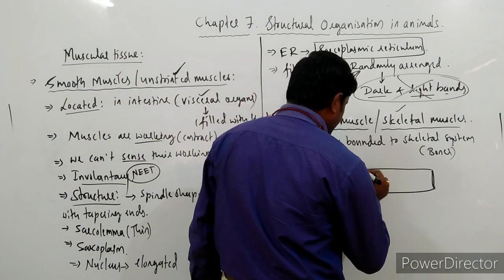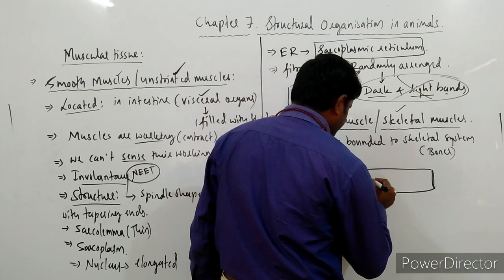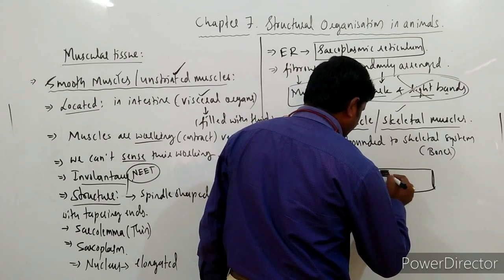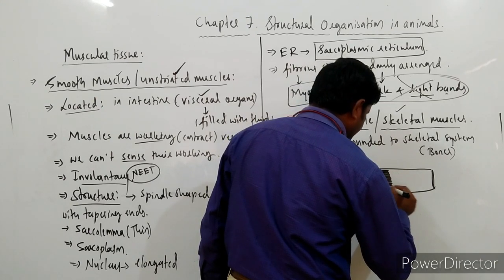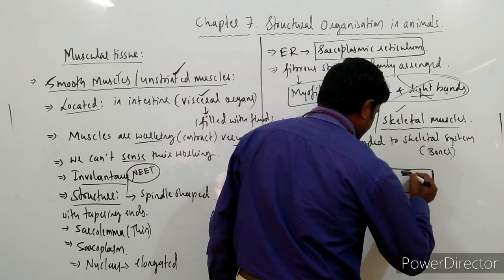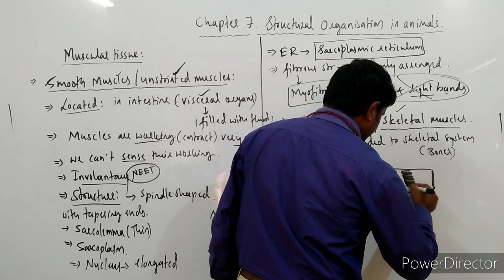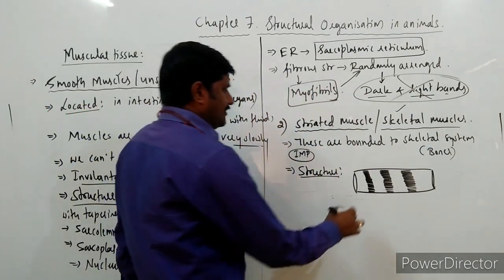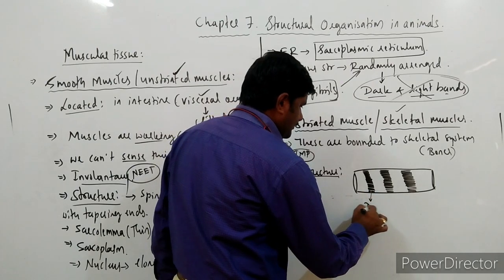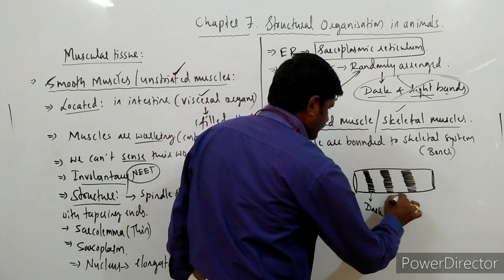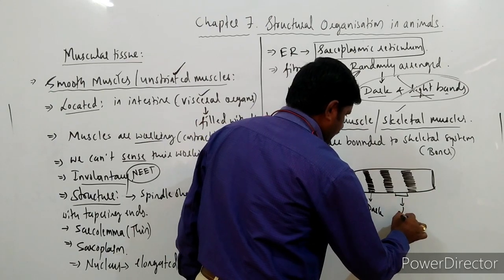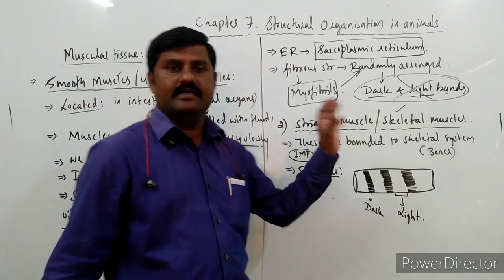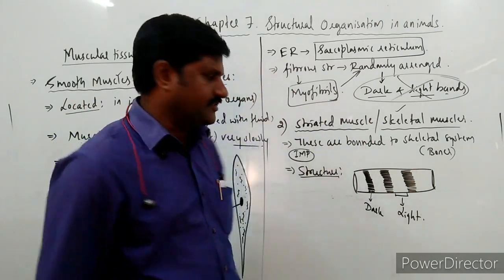And on these cylindrical shaped muscle fibers, you will find this kind of dark and light bands over here. I hope you are seeing over here. Right? Dark and light bands. This is said to be as dark band, and this is said to be as light band. Why these dark and light bands are formed, later I will explain.